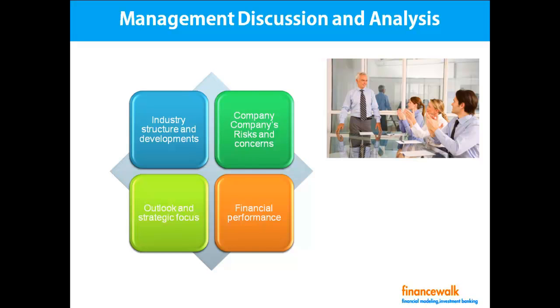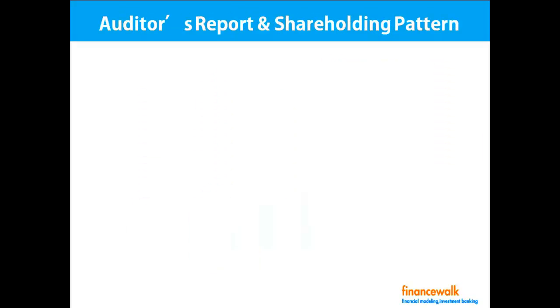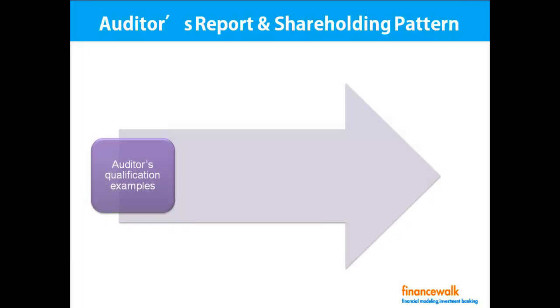So let's move to next point, that is auditor's report. In auditor's report you will find auditor's qualifications. So what are auditor's qualification? Auditor's qualification is not related to career, it is related to the understanding and observation he has come across about company. Okay.